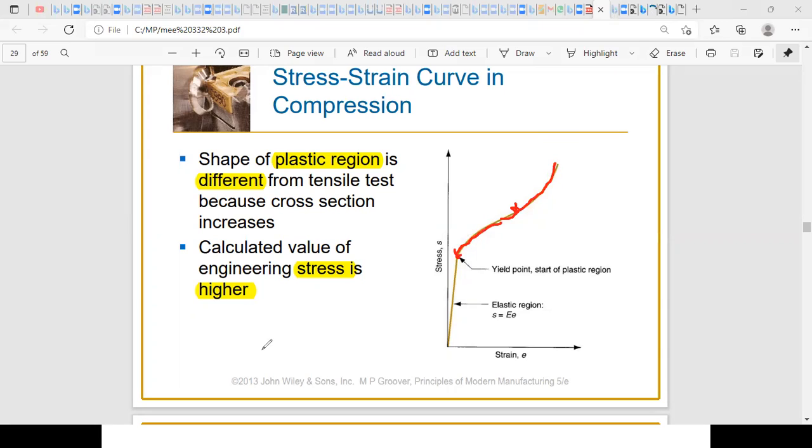To explain this, we should look at what happens when we have a compression test. When you have a compression test, you will tend to have an increase in the area of the specimen.